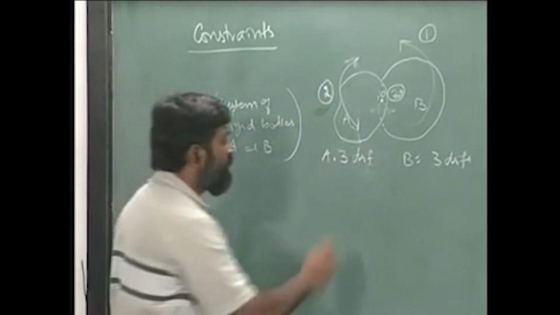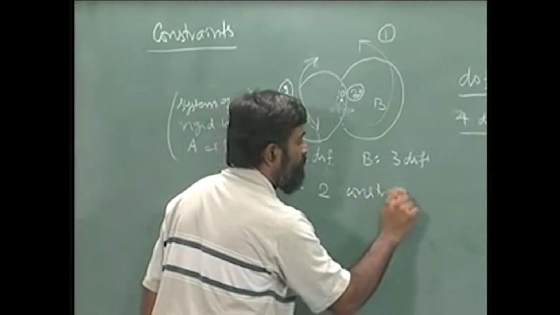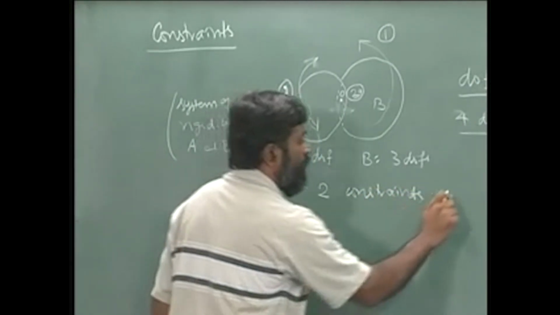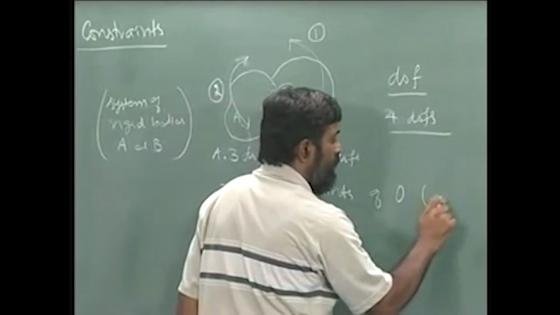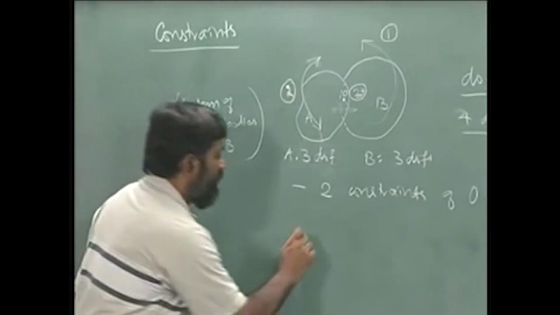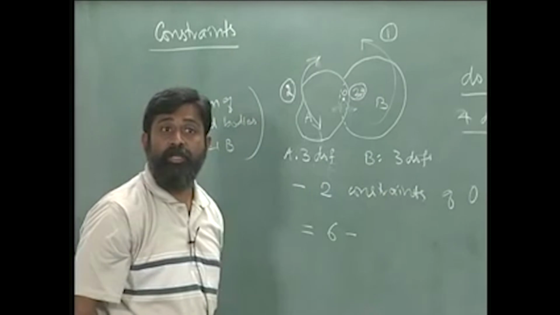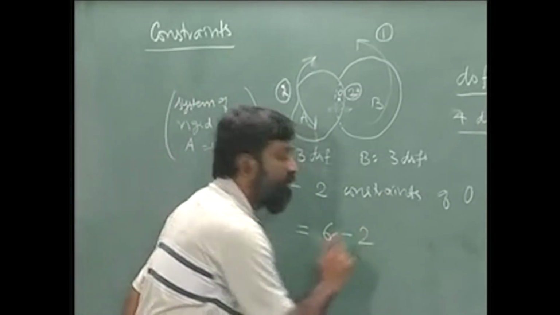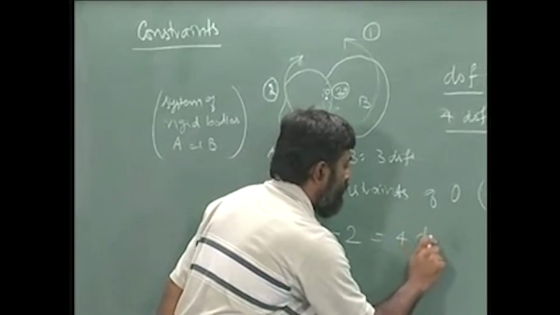Or in other words, I have 2 constraints at point O, x and y directions, and therefore I have 6 independent degrees of freedom, and 2 constraints that we have added, equal to 4 degrees of freedom.